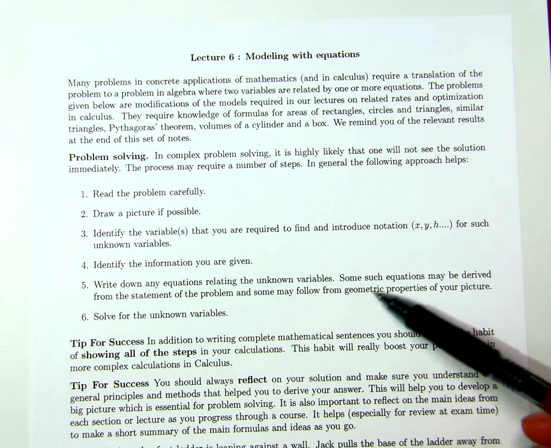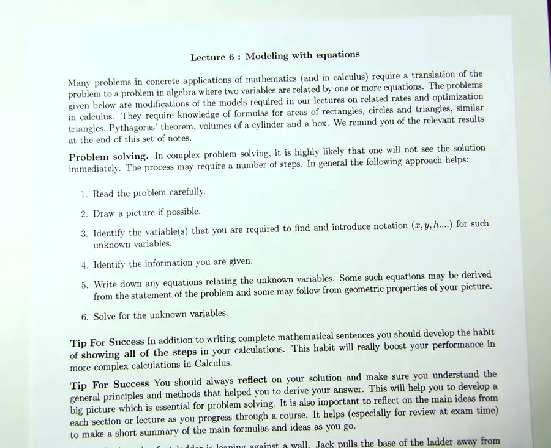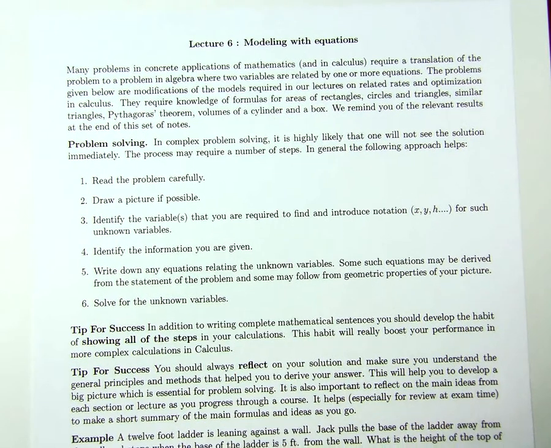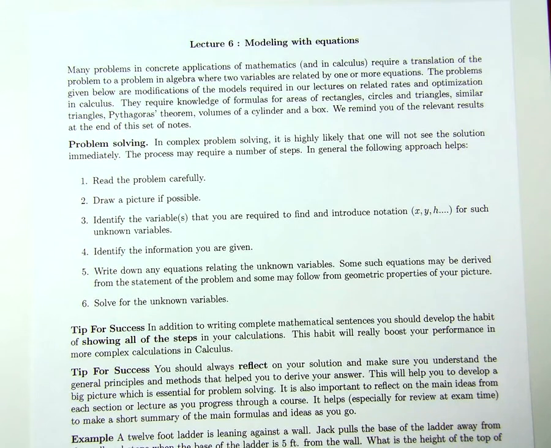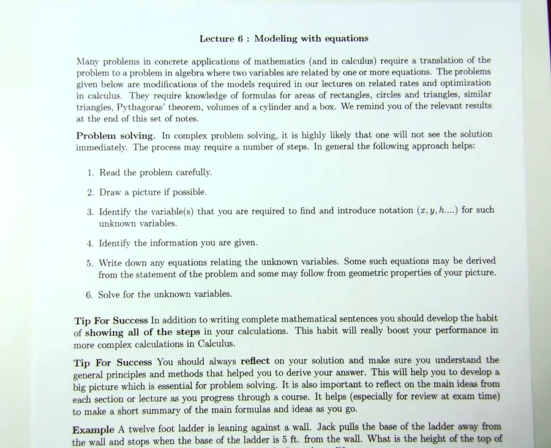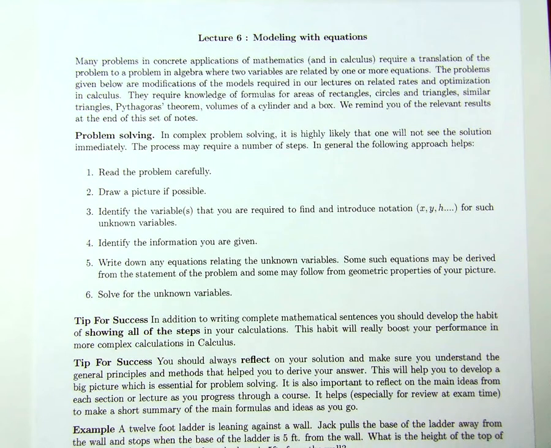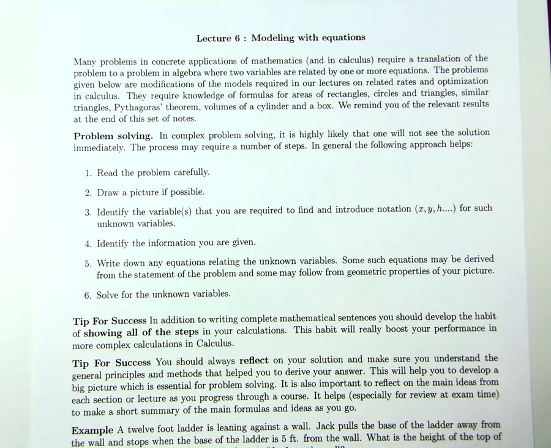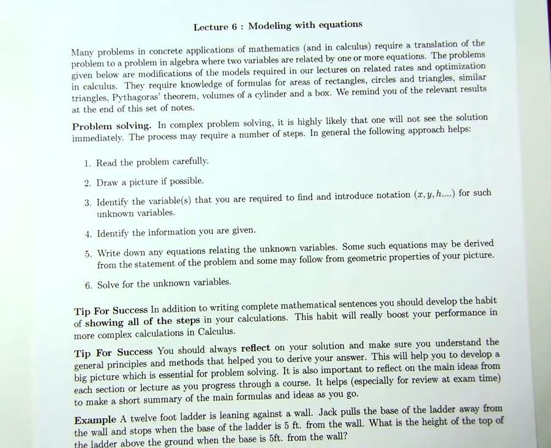Some equations might follow from geometric properties of your picture, or some may follow from the information that you're given, and then try to solve for the unknown variables. And basically, keep your wits about you and try to be rational.